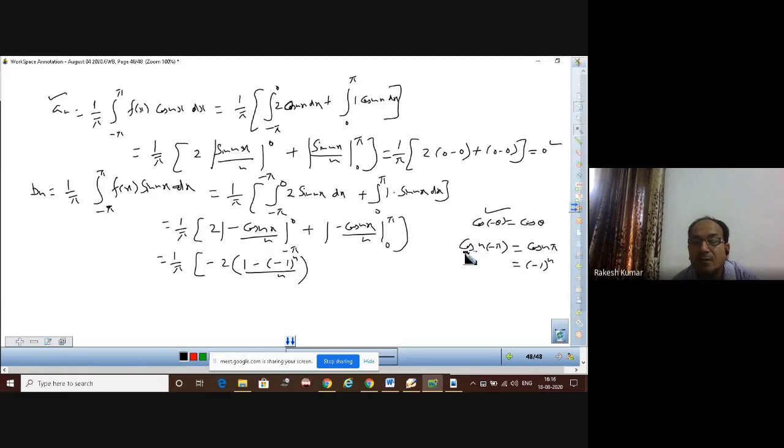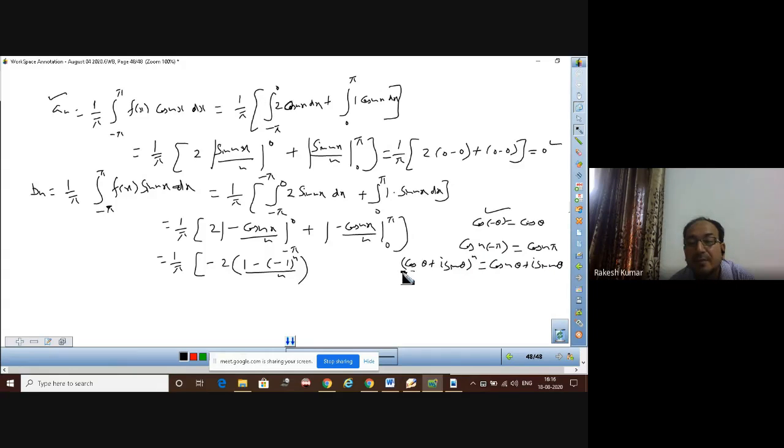Actually, the value of cos n pi can be calculated with the help of De Moivre's theorem. I am going to explain it more. De Moivre's theorem states that cos theta plus iota sine theta, raised to power n, is cos n theta plus iota sine n theta.